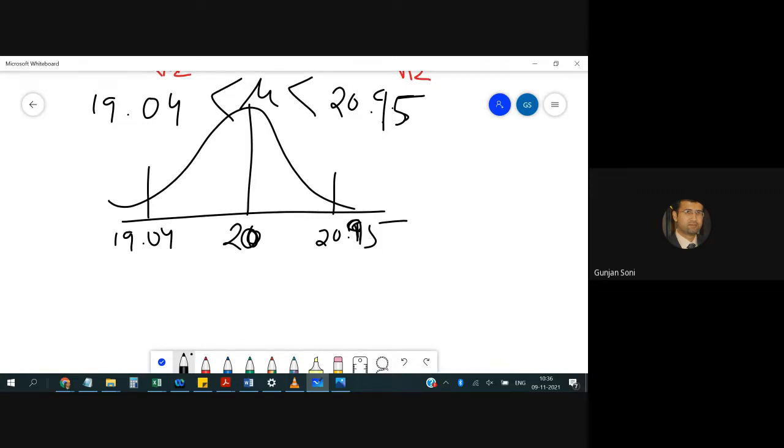So what is the implication of this? How is it useful for me when I'm doing measurement? Who's going to answer this? Yes?